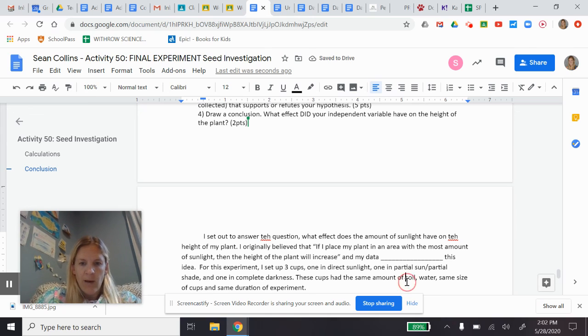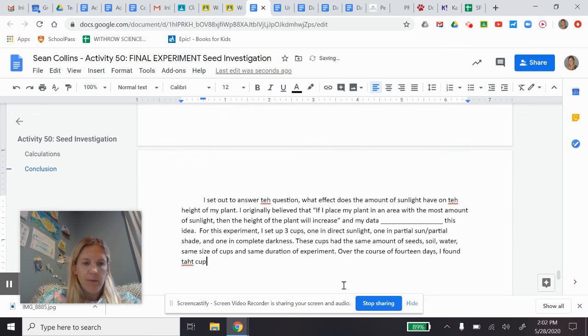I should say same amount of seeds too. Seeds, soil, water, same size of cups, and same duration of experiment. Over the course of 14 days, I found that cup blank was the best. Or grew the tallest, let's say it grew the tallest because it's all about height.